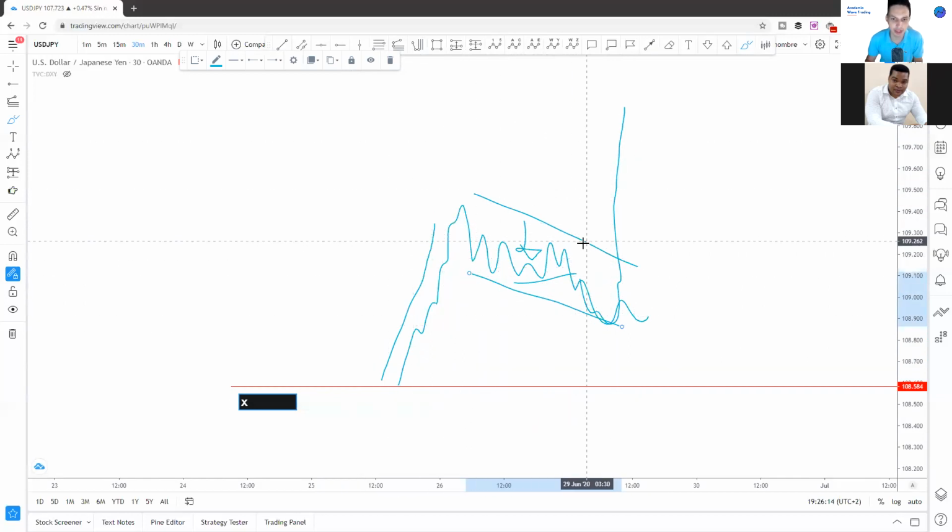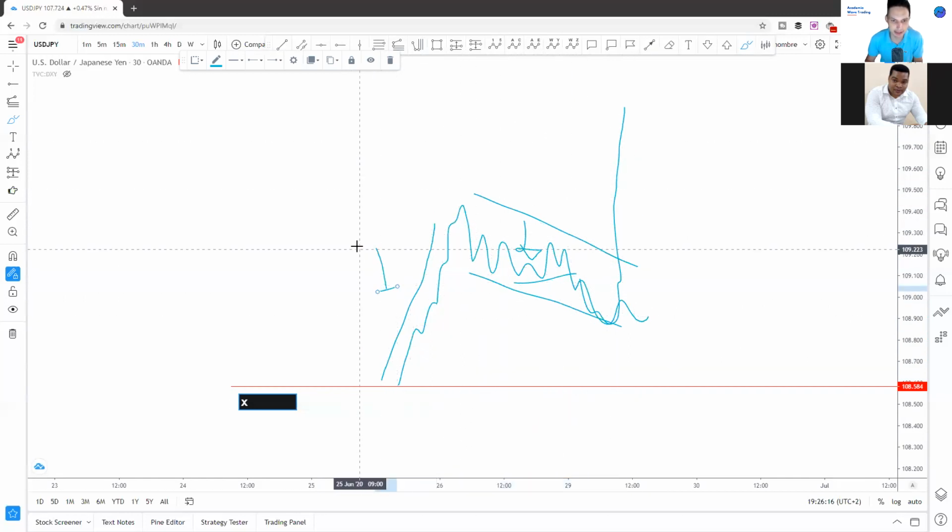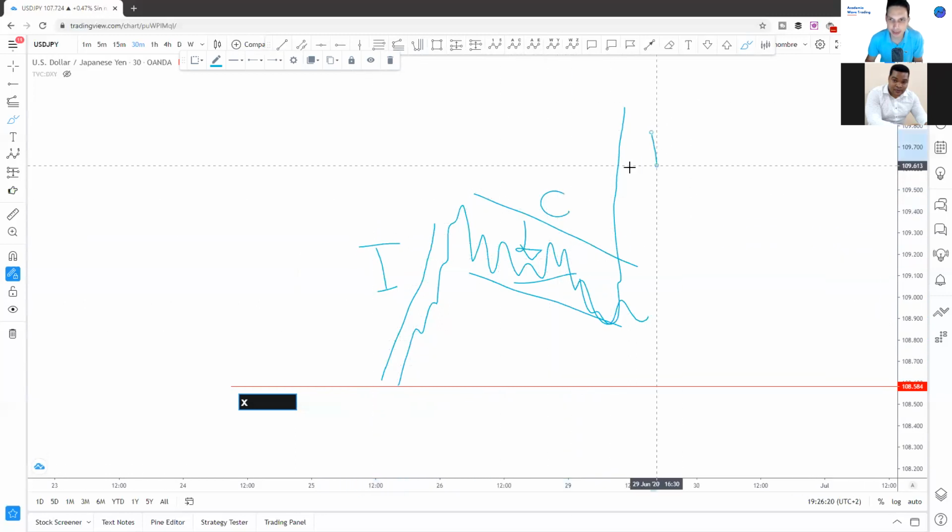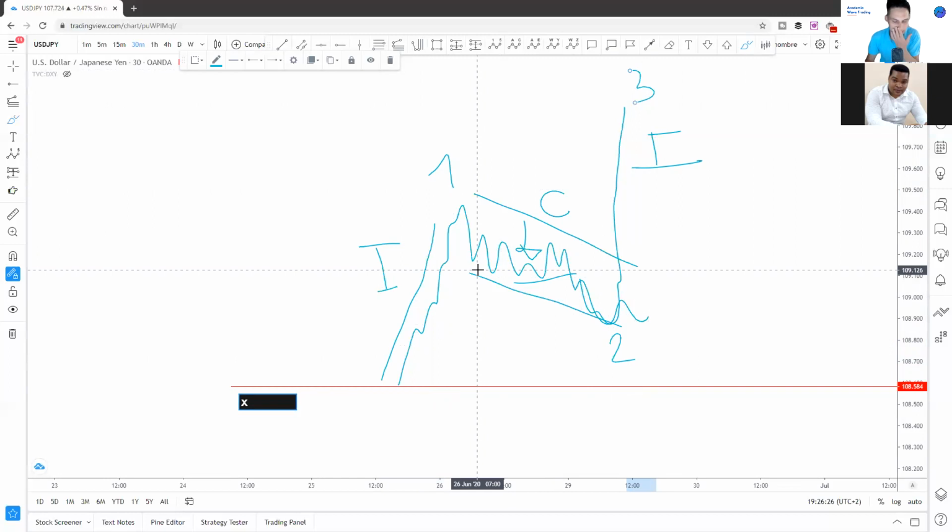A continuation of the impulse, okay? This is the impulse, this is the correction here, and this is the continuation of the impulse, okay? Like a 1, 2, and 3. This is the easy part, okay?